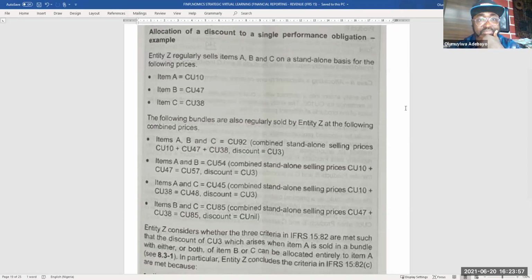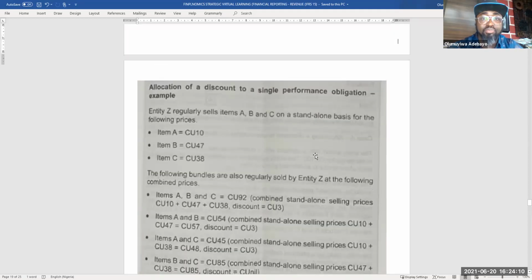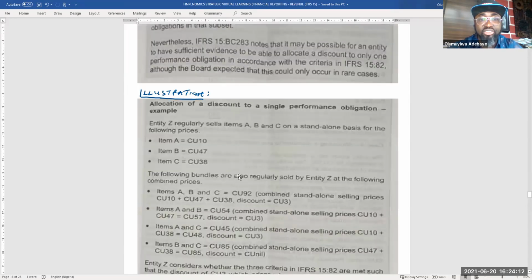Did you get it now? Can you continue? That is one scenario. This is the scenario we just finished.